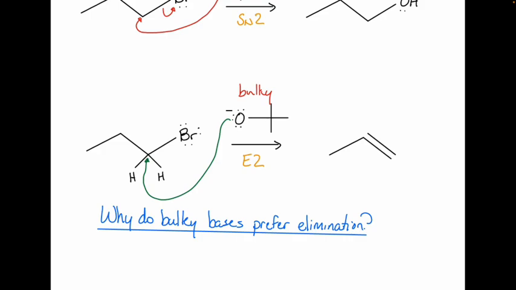No. Instead, if it were to do an elimination reaction, what would it react with? One of these hydrogens on that neighboring carbon. Well, what's more accessible? That electrophilic carbon buried between those hydrogens and that other carbon bond, or these hydrogen atoms just kind of sticking off on the surface of that molecule?